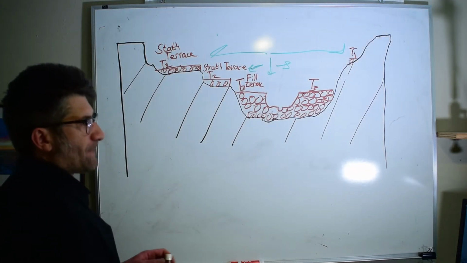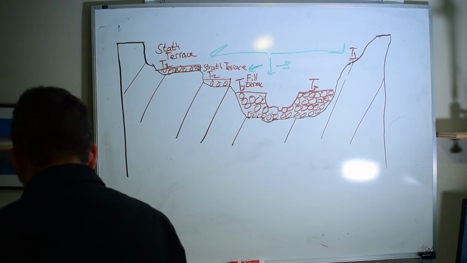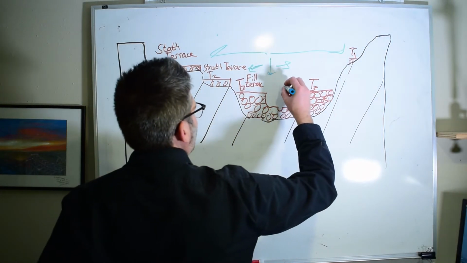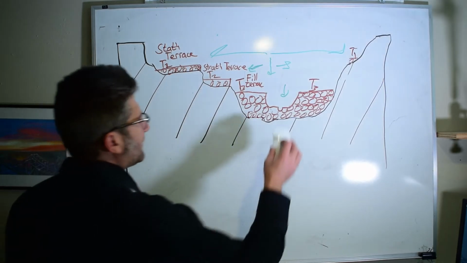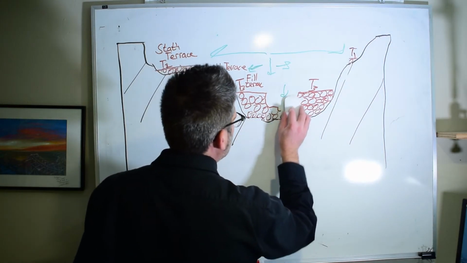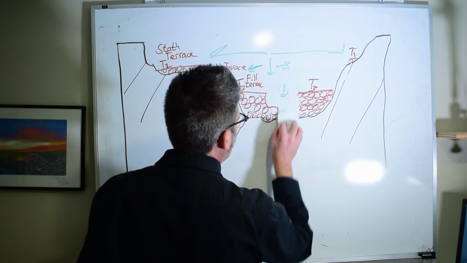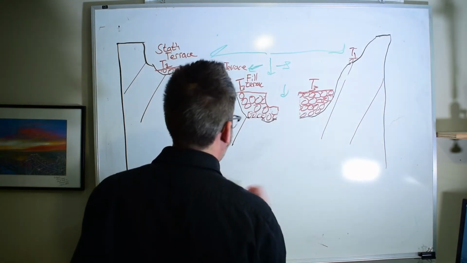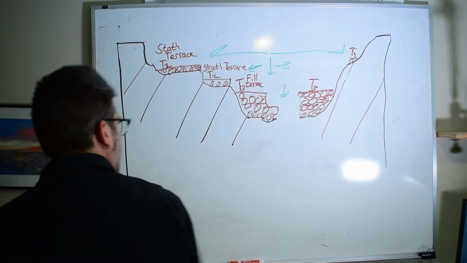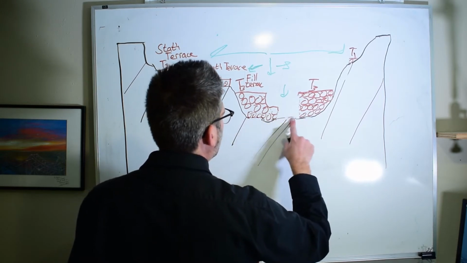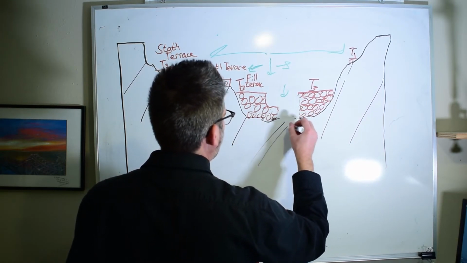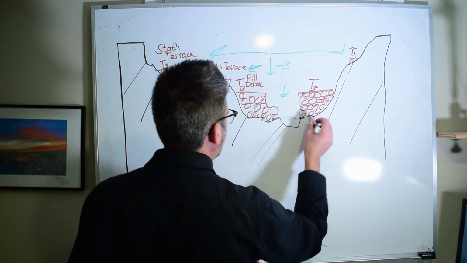Okay. Now let's say, once again, this is a dynamic river here. It incises once again. So the river cuts down. Let's say it erodes all the way down and cuts into some of this bedrock down here. Make it even a little lower. How about that?